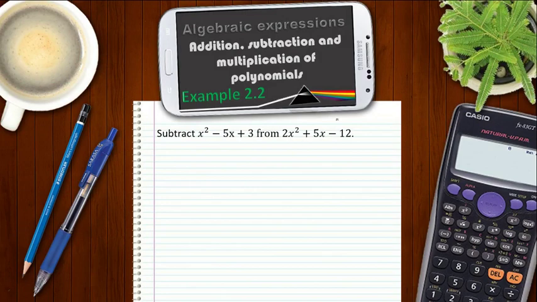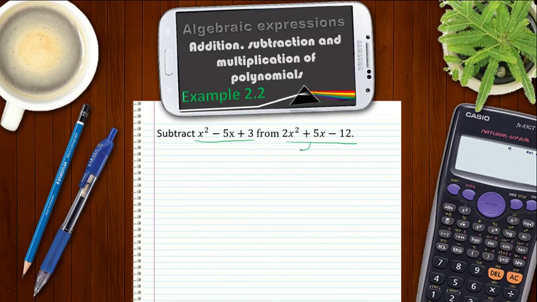Okay, so now we get to subtraction. So the subtraction is actually where the first method is more practical. And you'll see now. If I say subtract this expression from this expression, it means I take this expression and I subtract this expression from it.